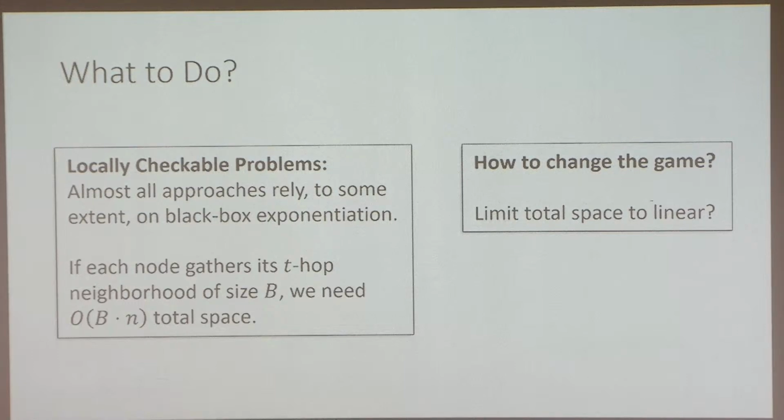And what I've been trying to do recently is to change the game a bit by saying that you're not allowed to use more than exactly linear total space. And to turn that back into what I said before, that essentially forbids me from closing my eyes. I'm never allowed to just blindly exponentiate and collect everything.